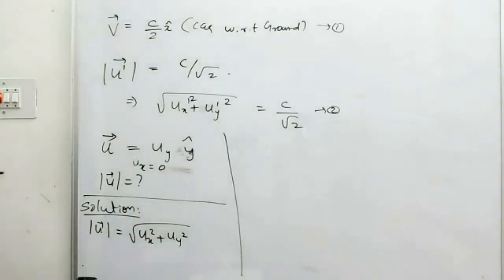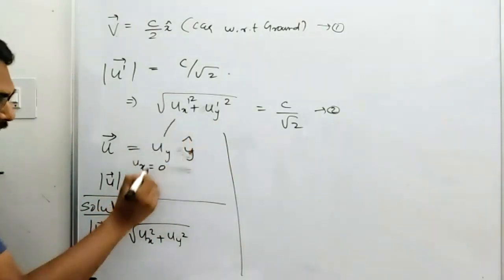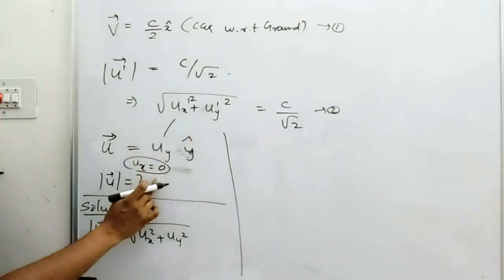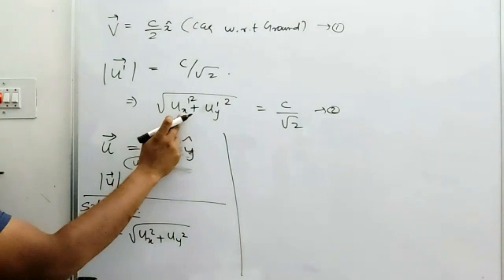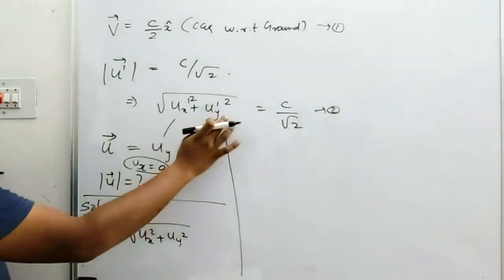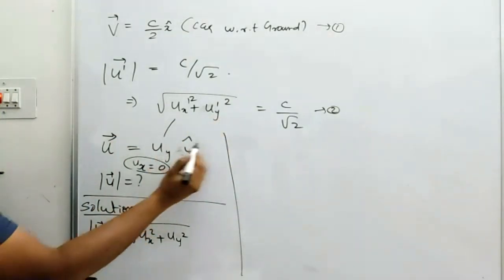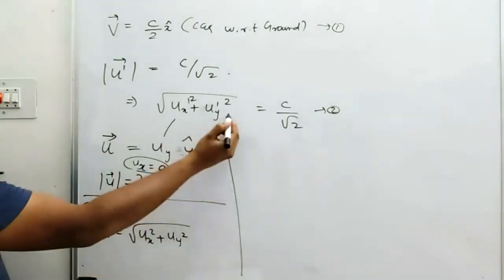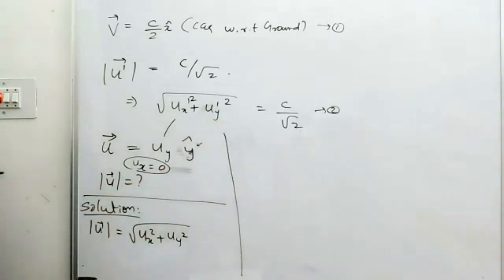So one thing we could do is find ux prime from ux using the transformation equations, and find uy prime from uy using this equation, and substitute it in here.